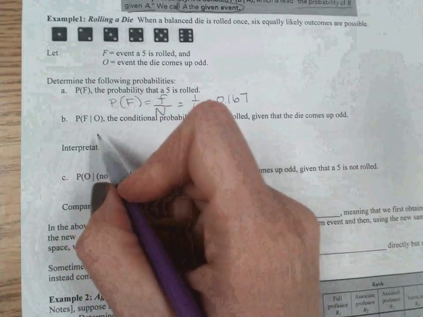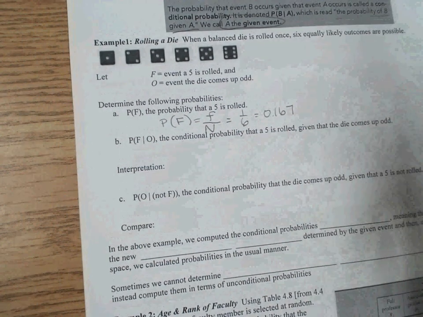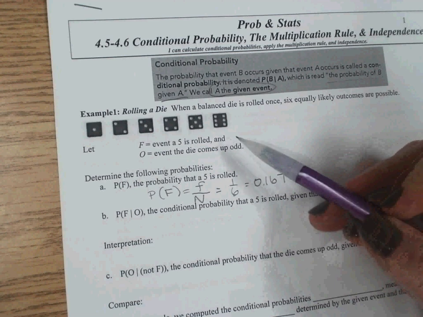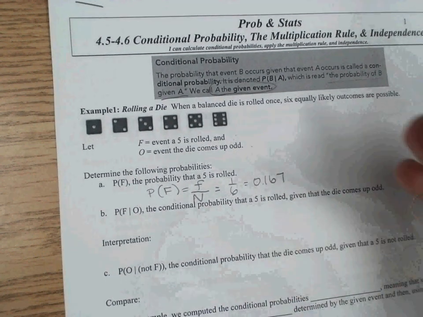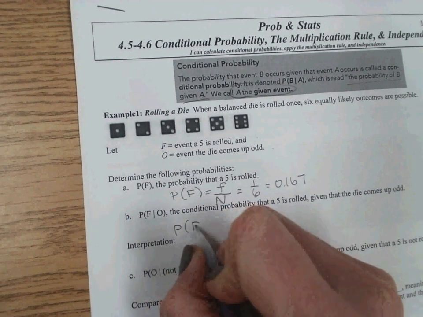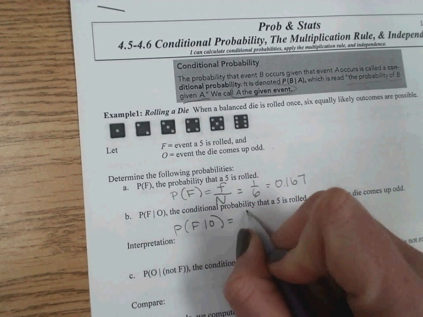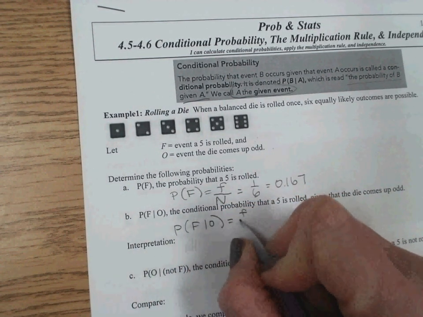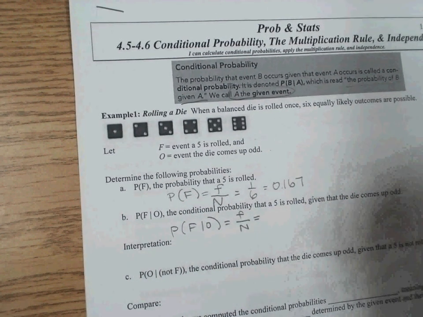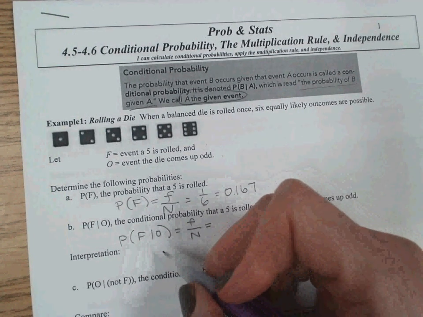Next, we have the probability of event F given that O happened. So the probability that we roll a 5 given that the roll is odd. We already know it's odd. What's the probability that we get a 5? So the probability of F given O is equal to the number of ways that can happen divided by the total number of outcomes.